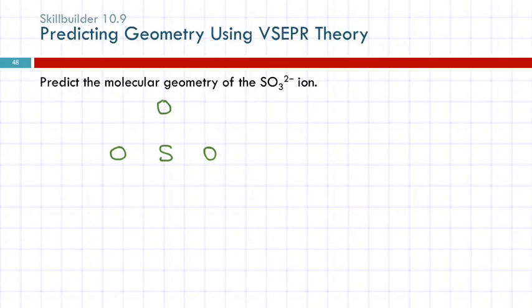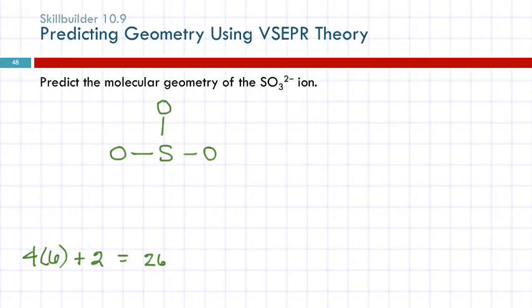Oxygen and sulfur are both in group 6, so they all have 6 valence electrons. So we've got 3 oxygens and a sulfur with 6 valence electrons. The -2 says I have to add 2 because there are 2 extra electrons. So that's 26.